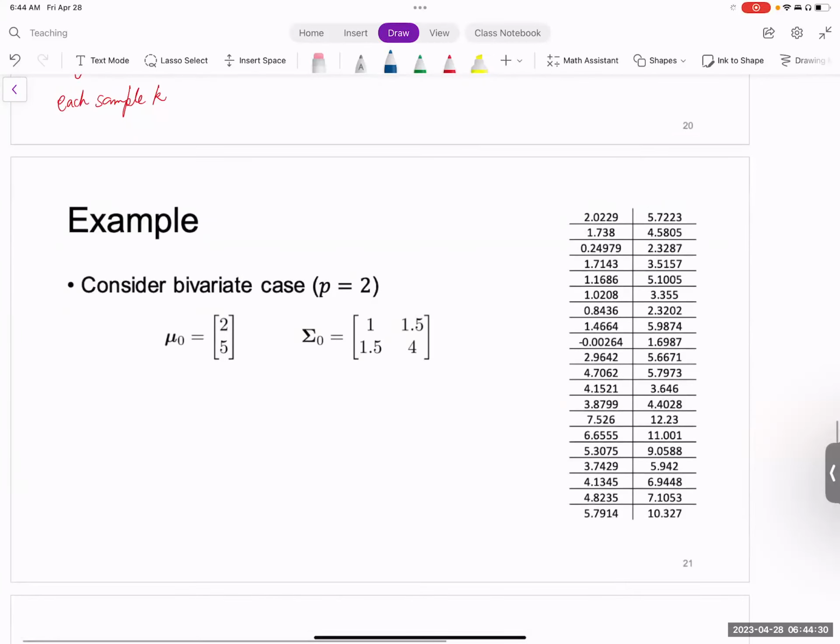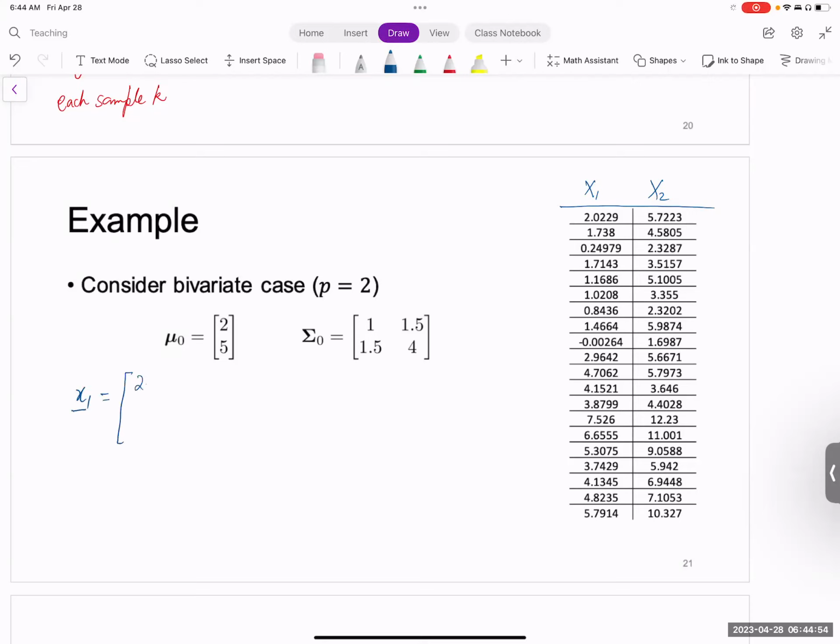Okay, let's look at an example. So I have some data here on the right hand side, and mu 0 and sigma 0 are given to you. The first column is x1, the second column is x2. Now for every single sample, I have to compute a T square statistic. Let's look at the first sample. First sample is x1 under bar, which is a vector.